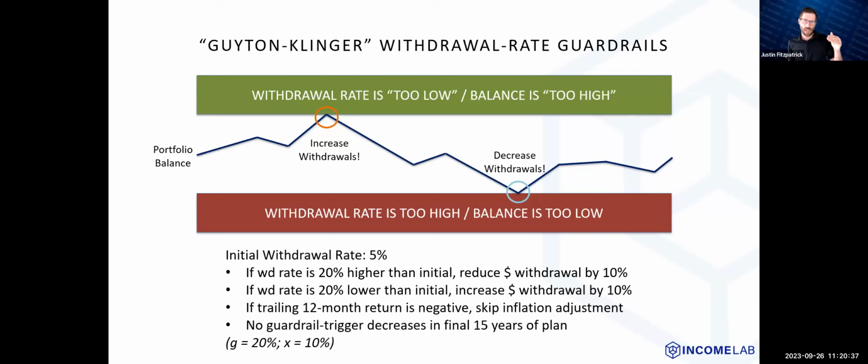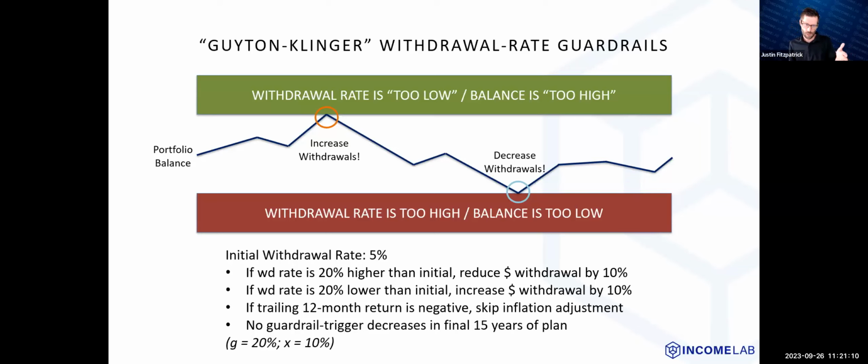And then you have a couple of ways to adjust that income. So say, for example, your portfolio balance is $1 million. You have a 5% withdrawal rate, that's $50,000. As time goes on, you keep asking, okay, how much am I withdrawing? And then in this case, there are a couple of variables that Guyton and Klinger propose. One is, how much higher or lower does your withdrawal rate have to get for you to make an adjustment?